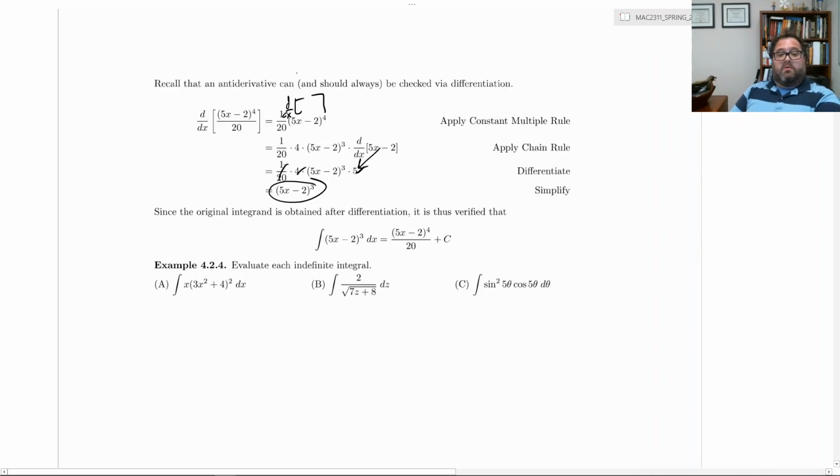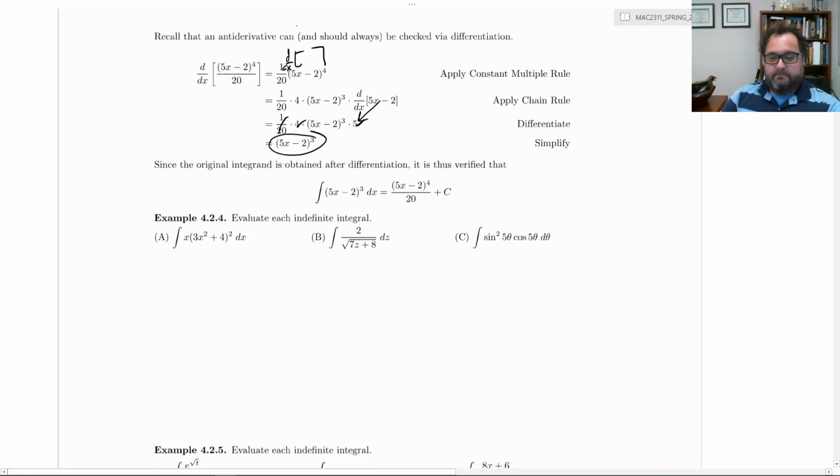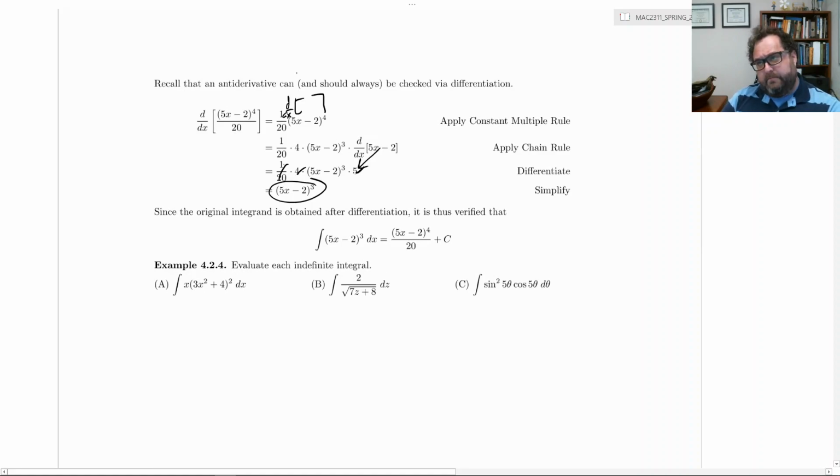Okay, so let's look at a couple examples of this change of variable u substitution. Usually, not always, if we let the inside function be our u, the substitution, it'll work.